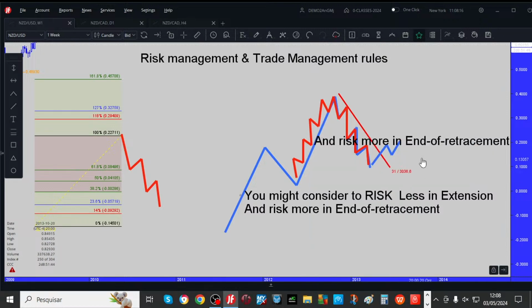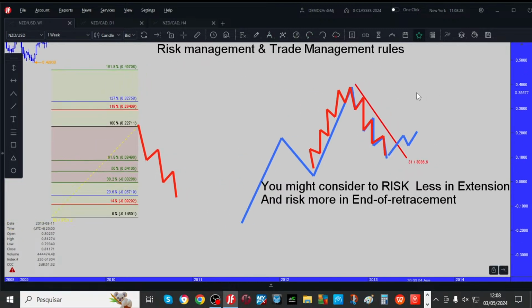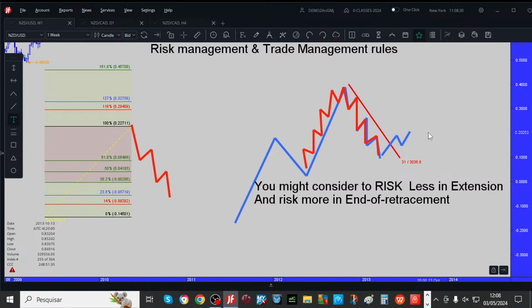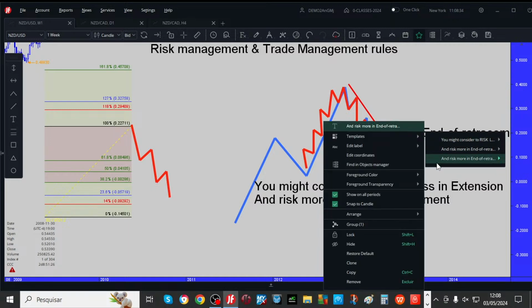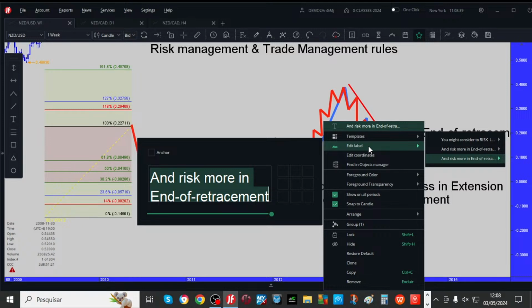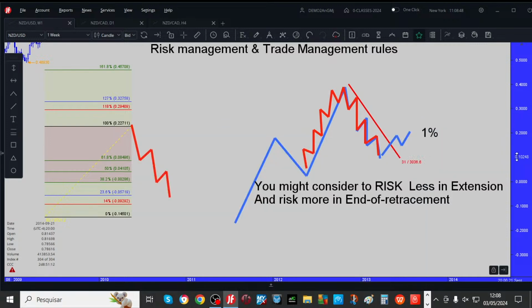I need to unlock, and then I need to edit label. This is so frustrating. There you go. So at the end of retracement, you might consider to risk 1%.